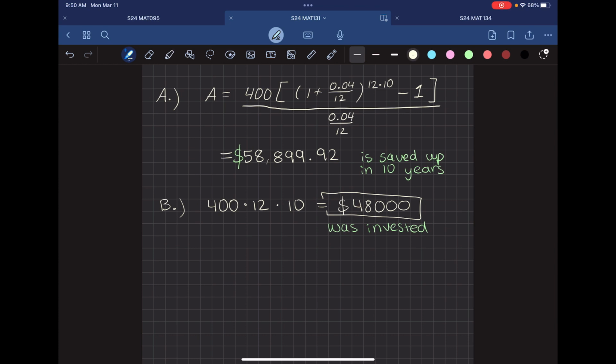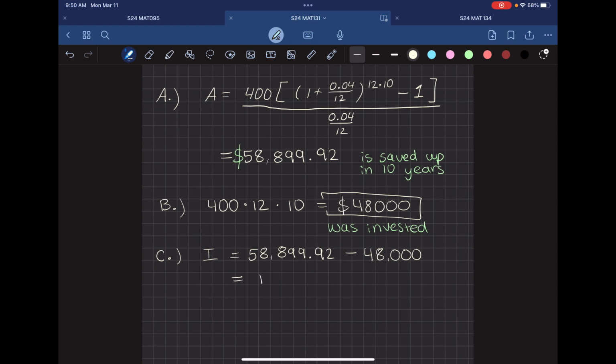And so then if you want to figure out the interest that you earned, you're just going to take the amount that you have in the account, which is this $58,899.92, and you subtract off the amount that you actually put in. Then you can assume that the rest of it is going to be interest. So it's just a simple subtraction.